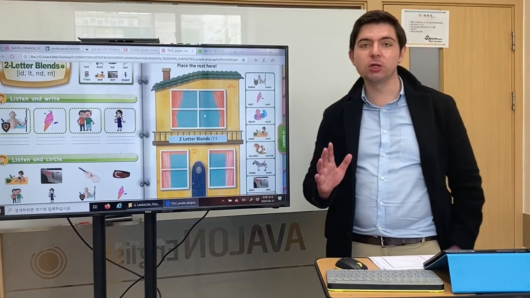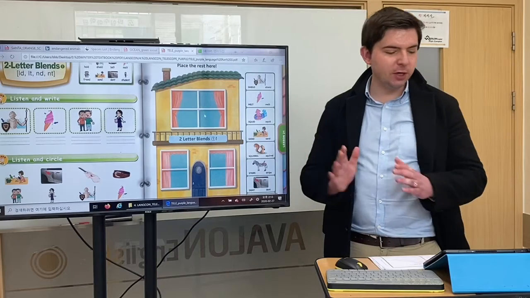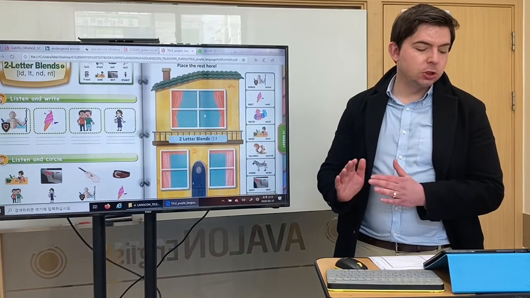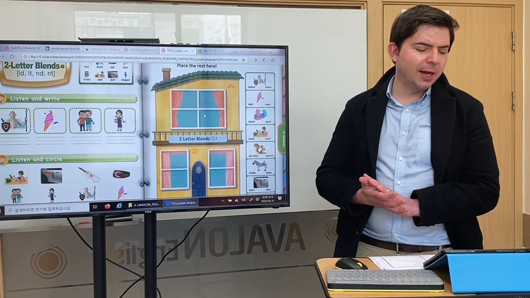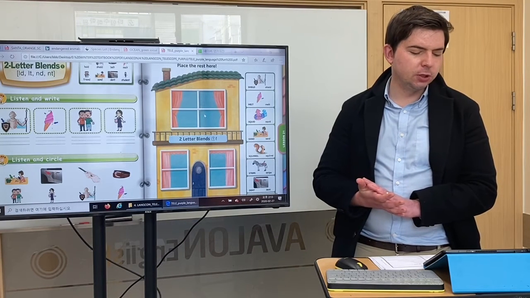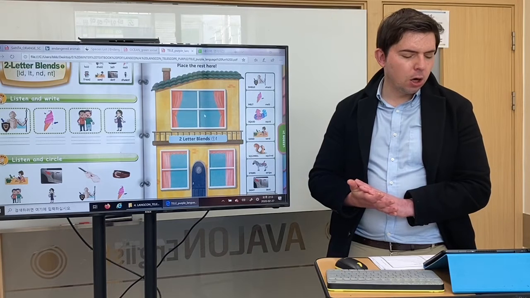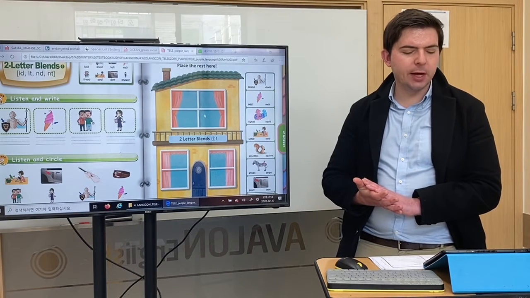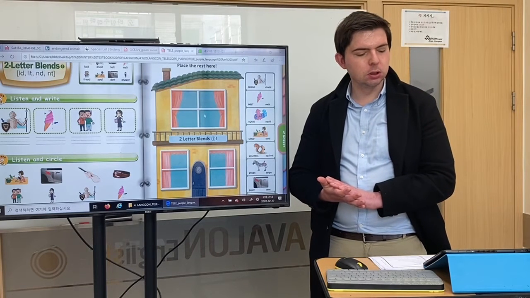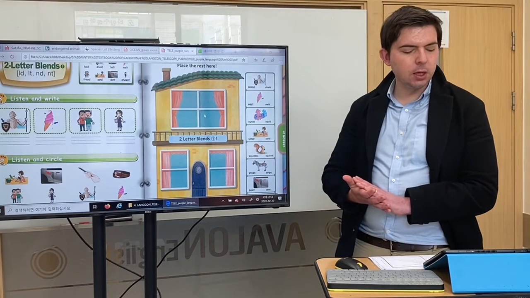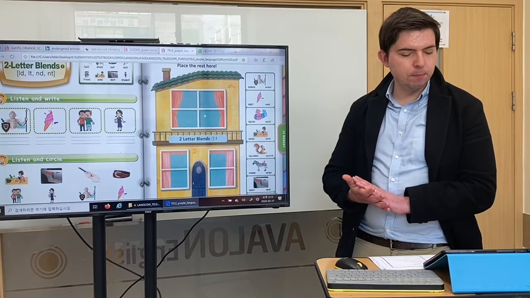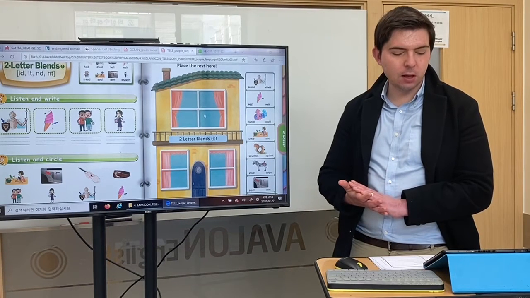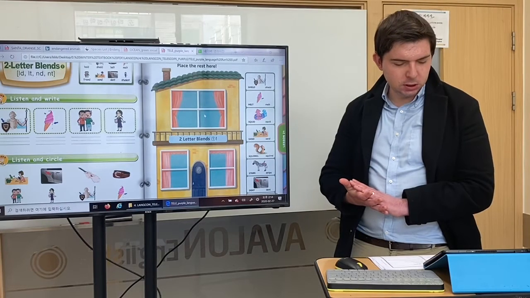Okay, so everyone should be finished by now. Are you finished? Yes, I'm finished. Good. So the 2-letter blend words that we just learned, what are the words that we put at the bottom of the house? Shield, melt, sand, and dent.